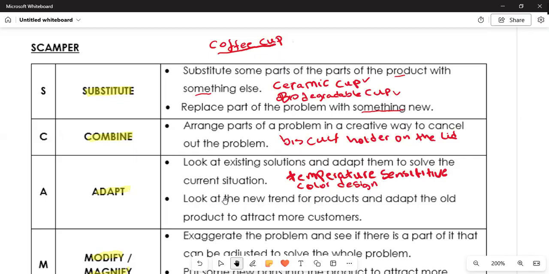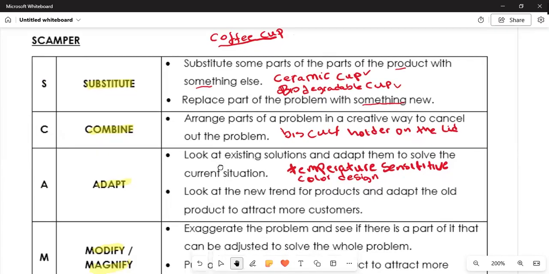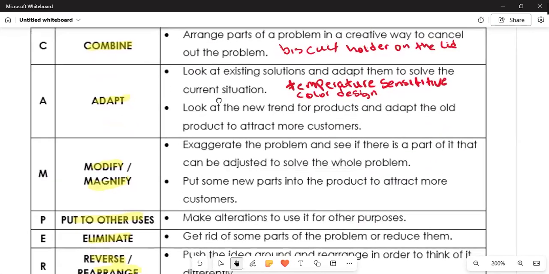So now we are moving on to modify. This is where you adjust or exaggerate a feature or improve attraction or function.